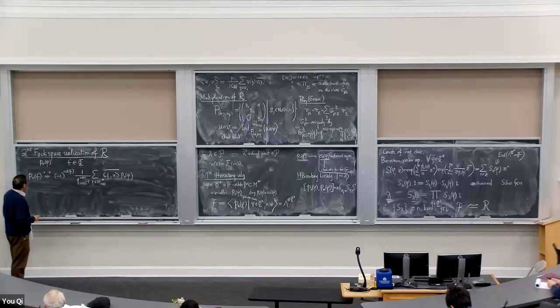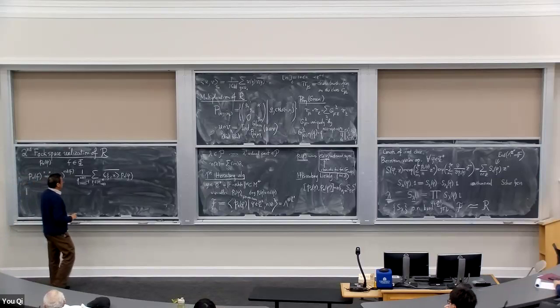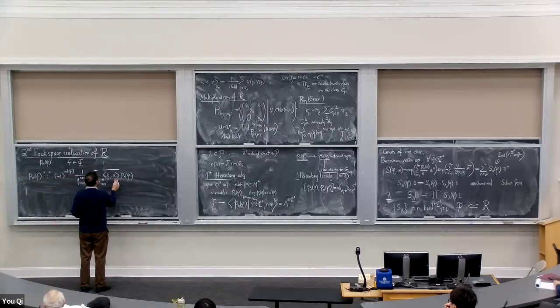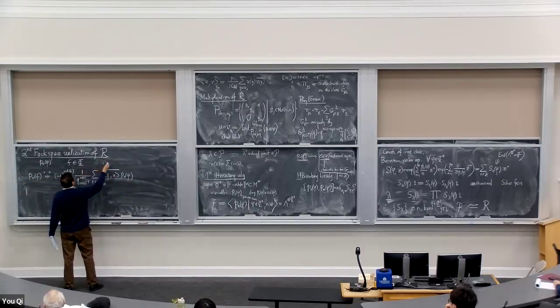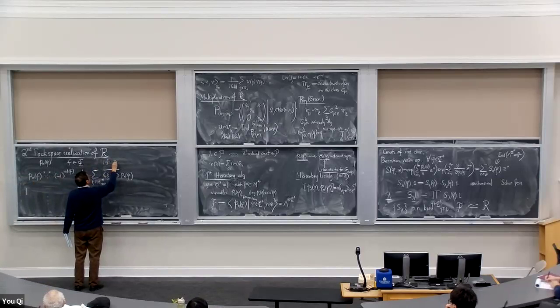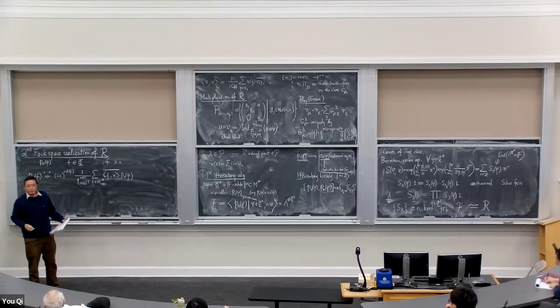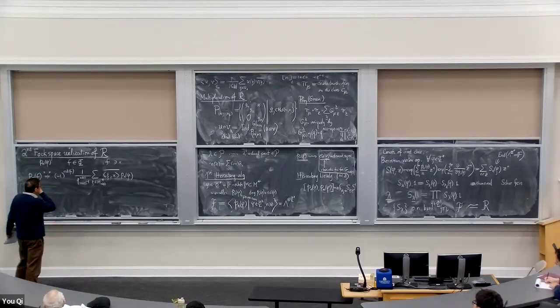You have an X. What's the X? Oh yeah, X is the, I take the element in the orbit. So this is the orbit. Now you take any element inside the orbit.